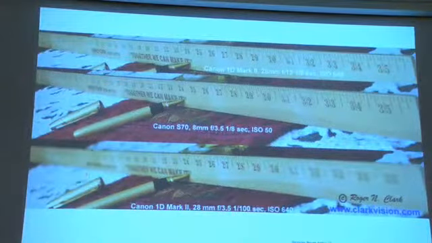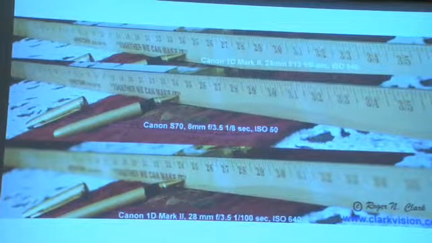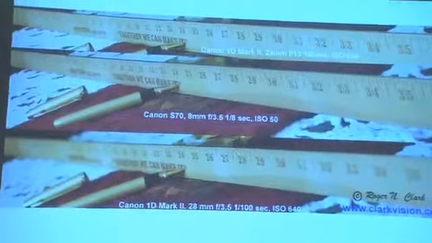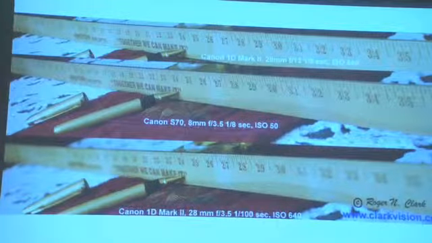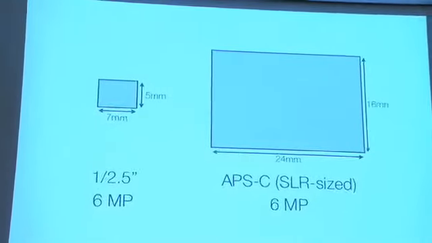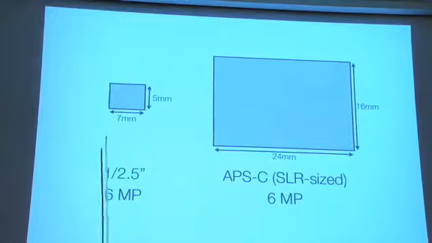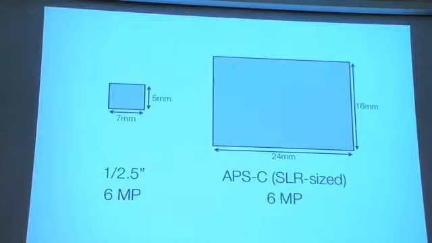So not only do we get this effect of extra depth of field, but what comes with that is this loss in signal to noise ratio. And this is the same thing that we were talking about before: if we are capturing fewer photons onto this smaller sensor, just because it's much smaller compared to the area of the much larger sensor, then we get this loss in quality.